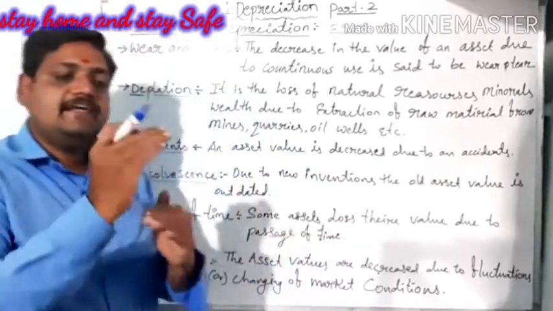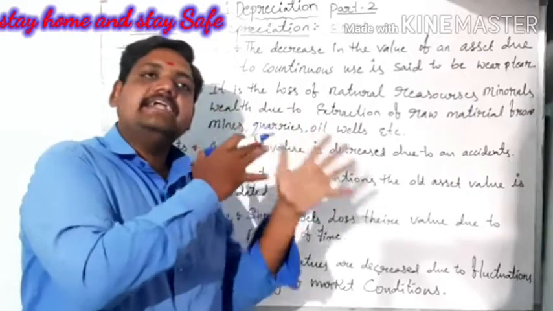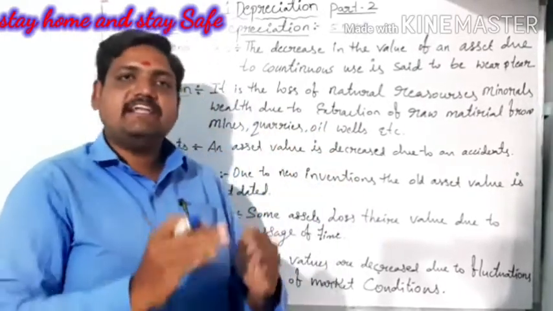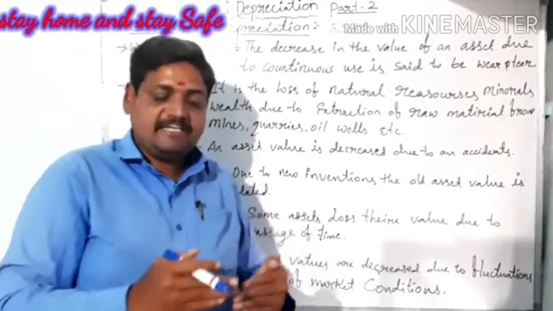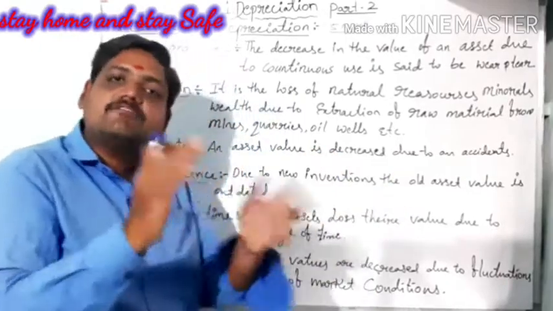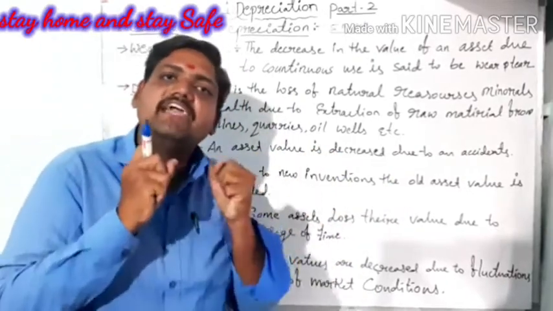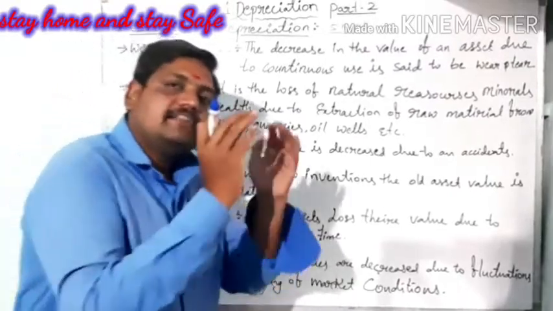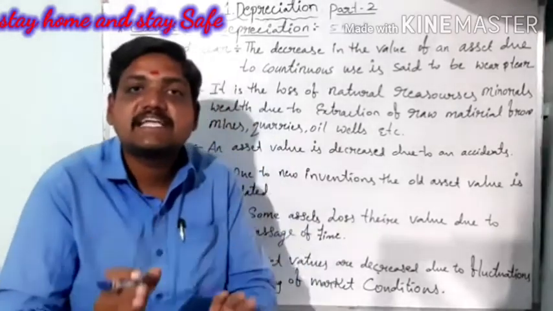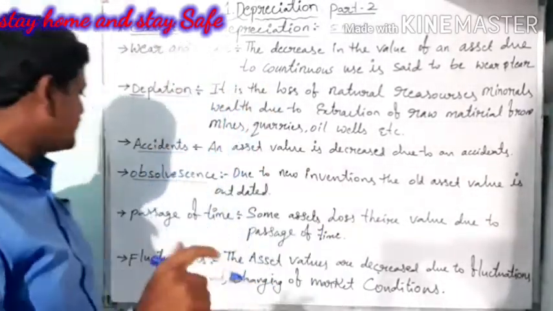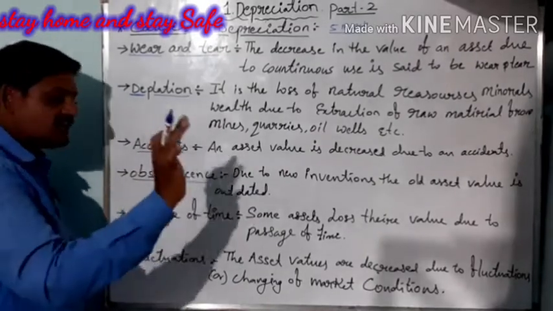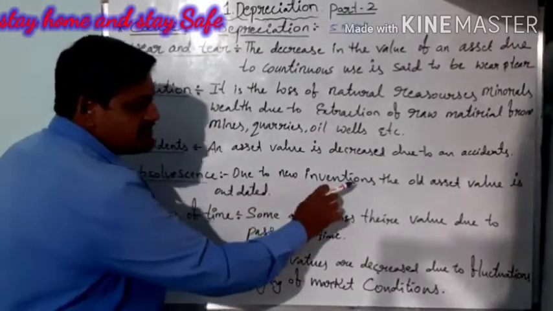So that's why outdated technology is not used by any person. If any new technology or new invention product is available in the market, only that is purchased by every person. At that moment, the outdated asset values decrease. That is called obsolescence. Obsolescence is nothing but the old assets' values becoming outdated due to new inventions.